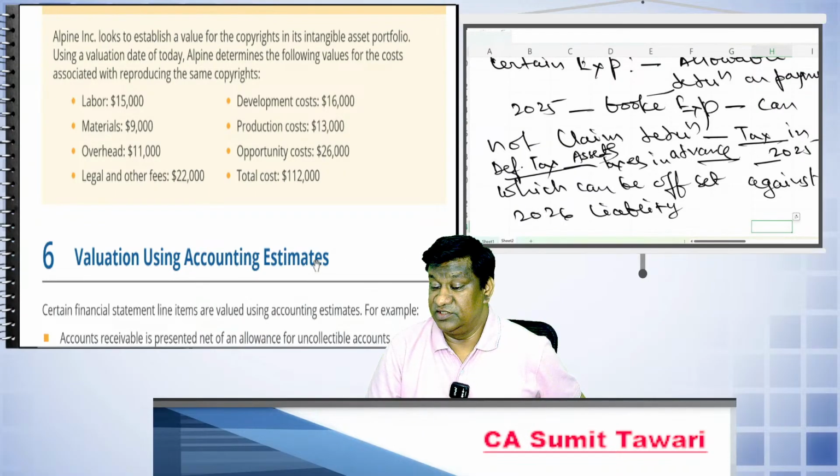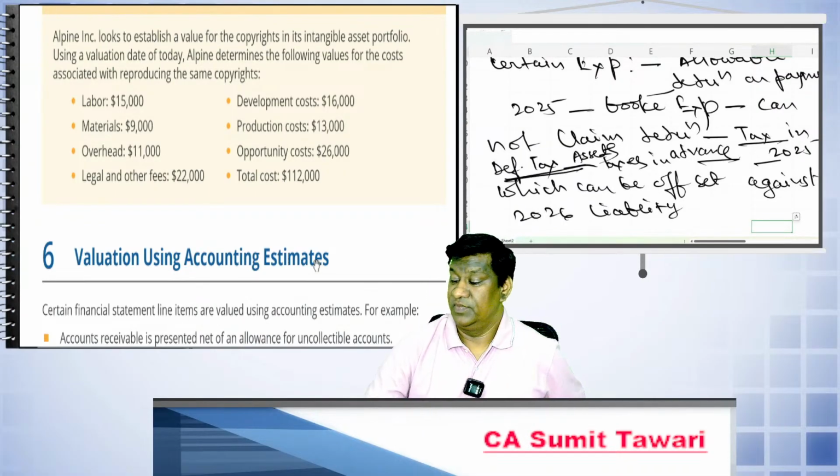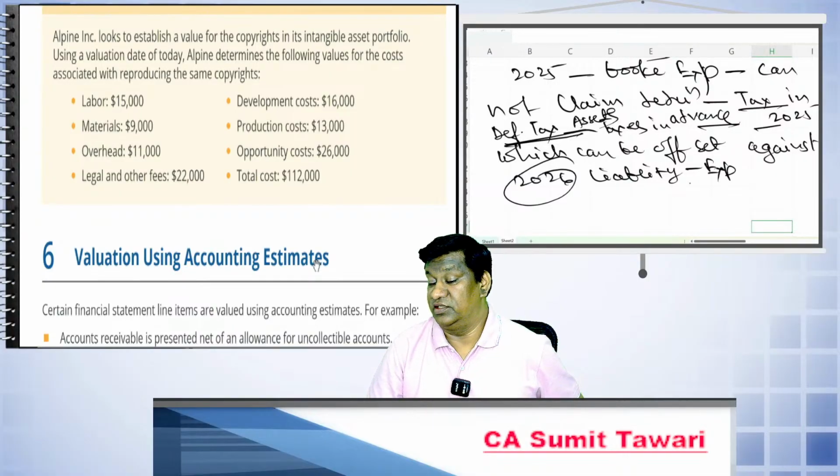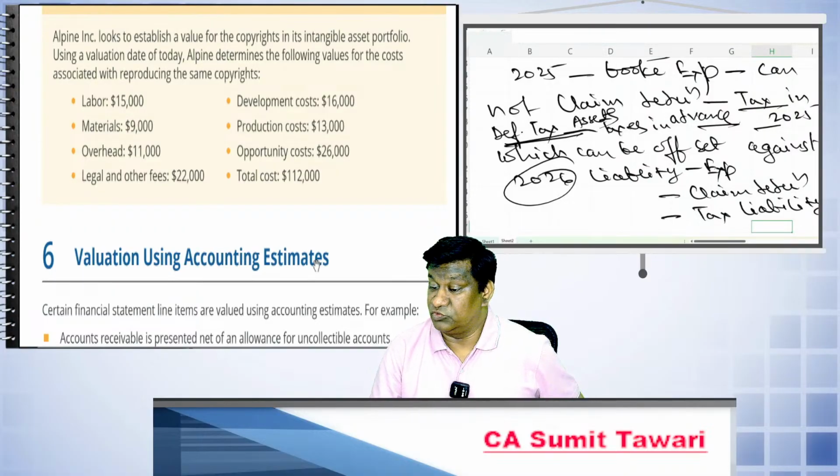This is basically the concept of deferred tax. In 2026, this is not your expense, but you made the payment in 2026. That's why you can claim it as a deduction. So in 2026, your tax liability is less. What does it mean? You paid the taxes in 2025, that's why you need to pay a lower tax in 2026.